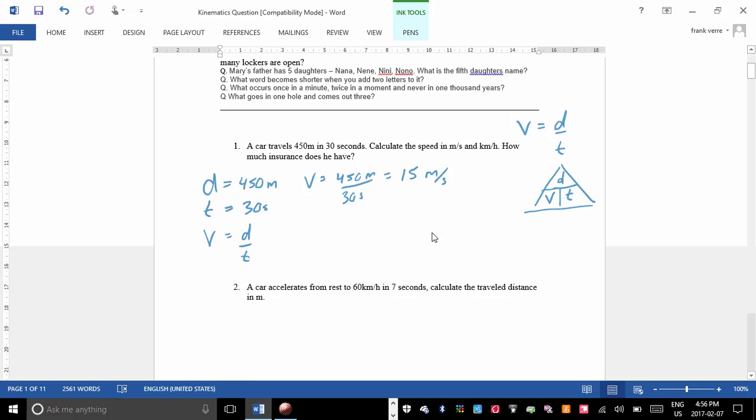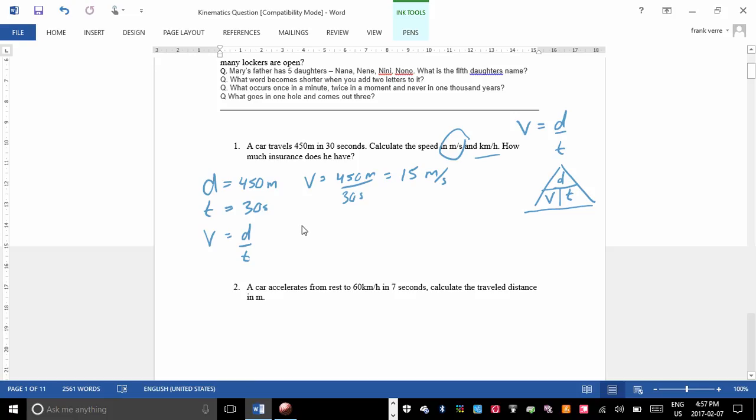Now, one common conversion is to go from meters per second to kilometers per hour, or vice versa. So let's take a look at that. So we have 15 meters per second, and we want to convert that into kilometers per hour.